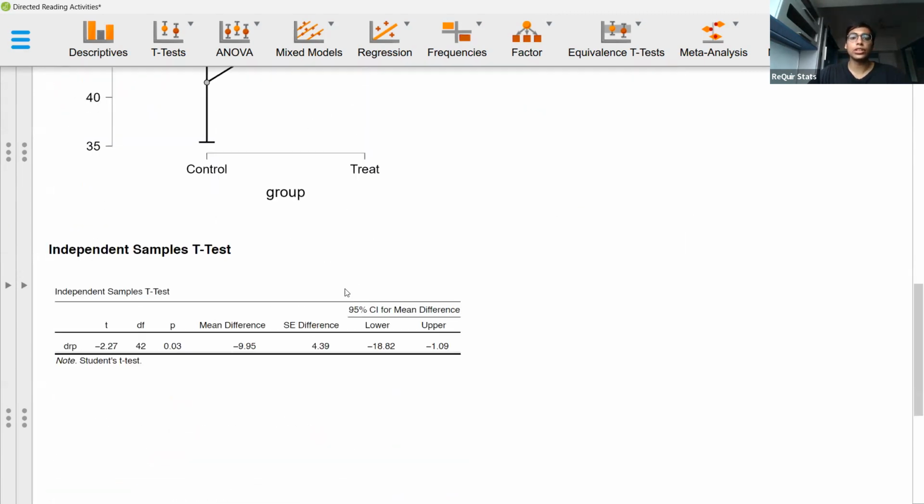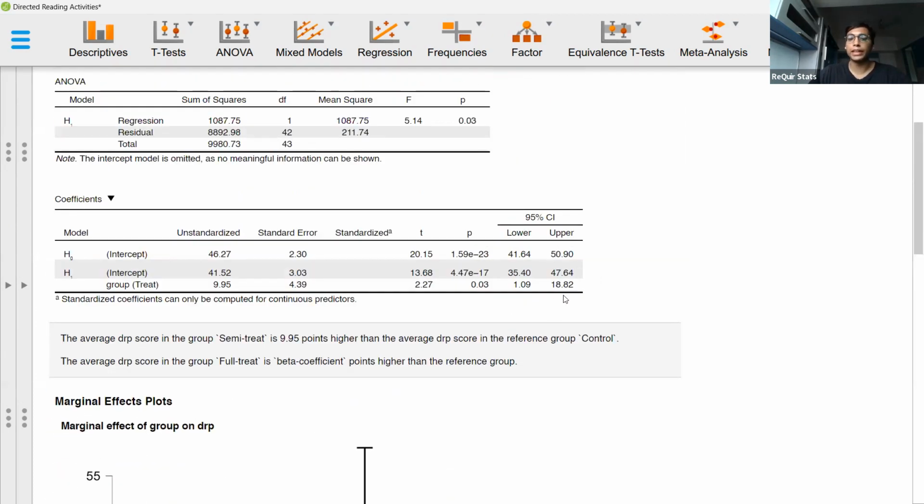So you can see that the beta coefficient is essentially the mean difference, and the 95% CI for the coefficient is essentially the CI of the mean difference. This is only applicable for univariate or simple linear regression. If we have more than one independent variable, then the interpretation changes.